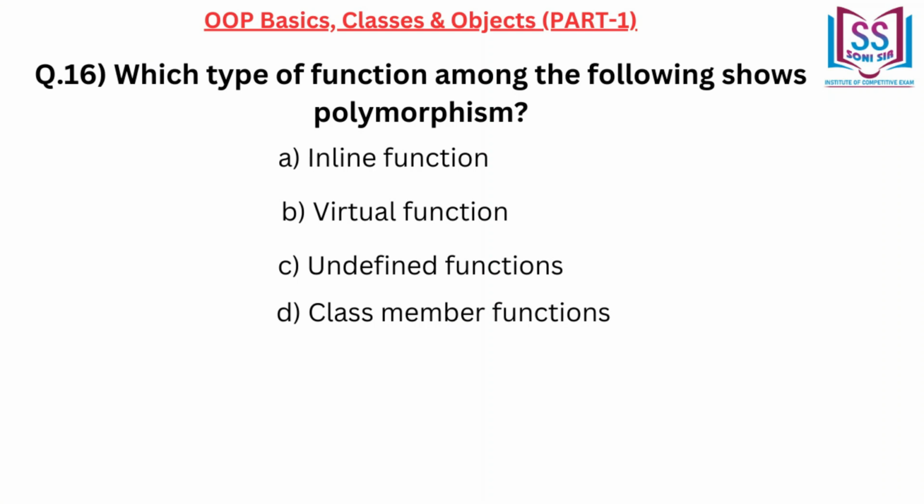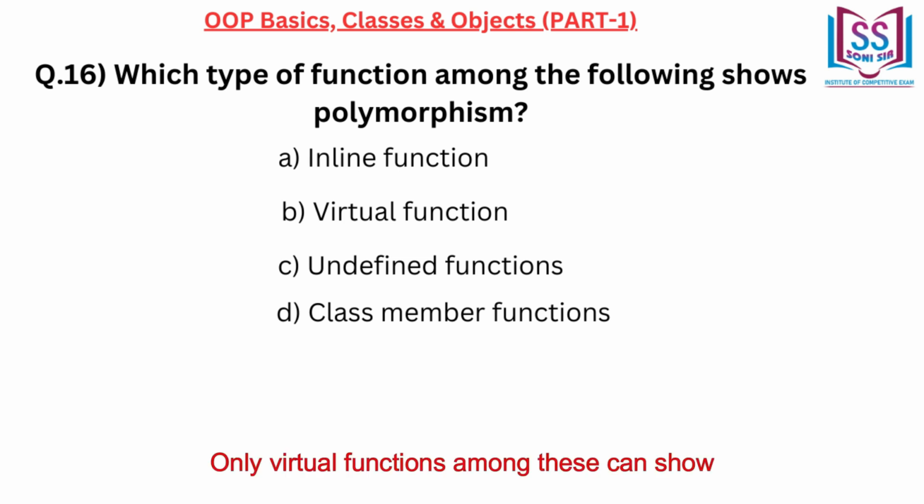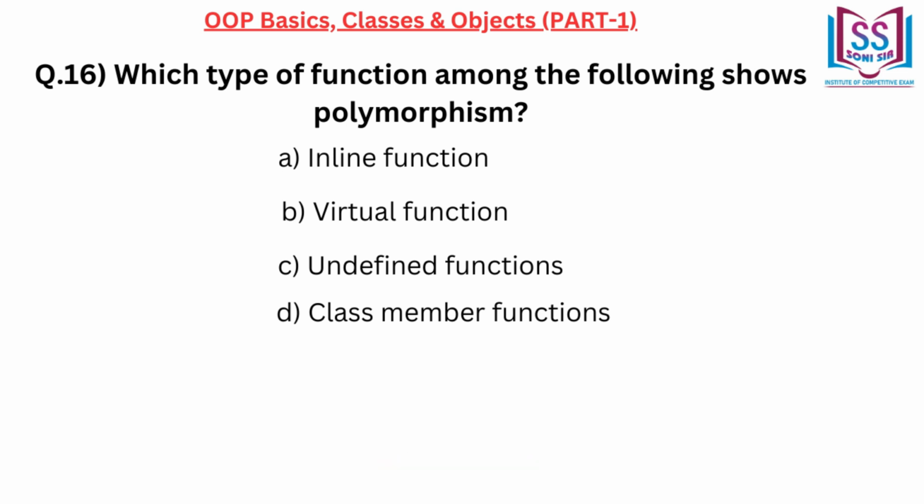Which type of function among the following shows polymorphism? A. Inline function. B. Virtual function. C. Undefined functions. D. Class member functions. Correct answer, B. Only virtual functions among these can show polymorphism.